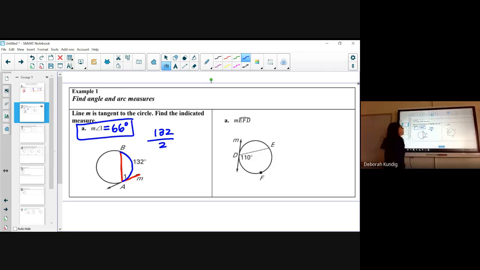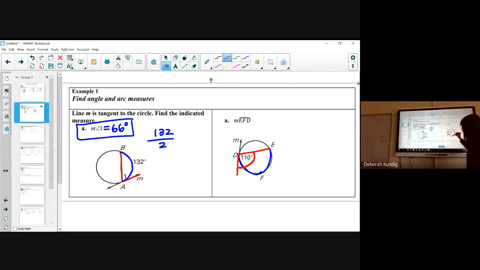All right. So now if I want to find the major arc of EFD, that means it starts at E, goes through F, ends at D. That means I'm looking at the angle with the chord and the part of the tangent that goes this way. So this angle right here is 110 degrees.